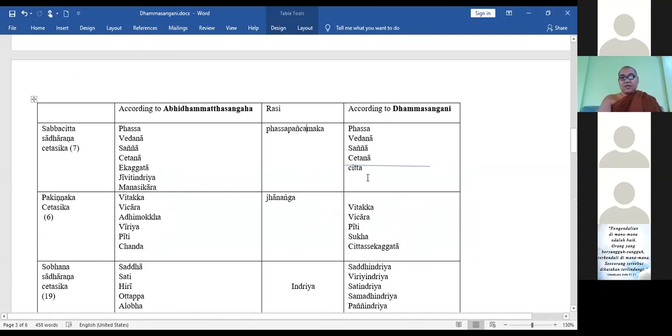So in this list, Phasa comes first, but in the usage, they say Phasa Panchamaka, Phasa the fifth, the Dhammas with Phasa the fifth. Actually, Phasa is not the fifth one, but the first one. It is a very significant Pali usage, okay? Pali usage.